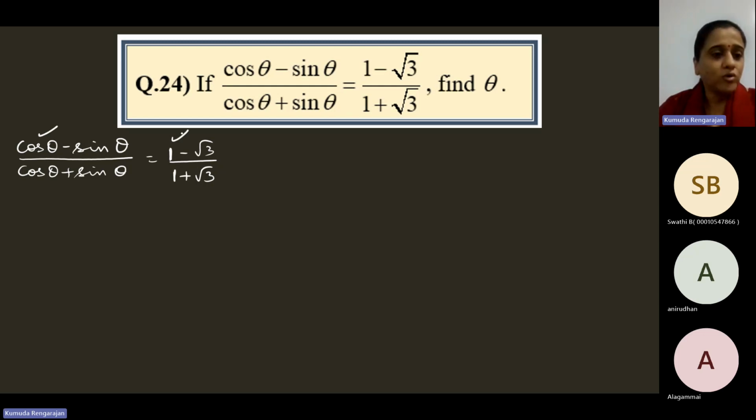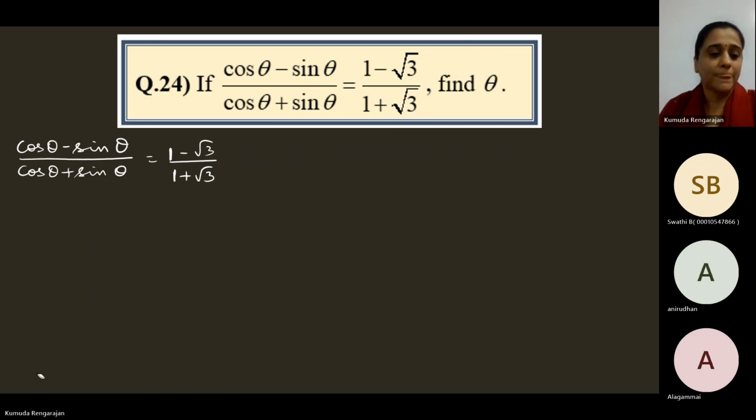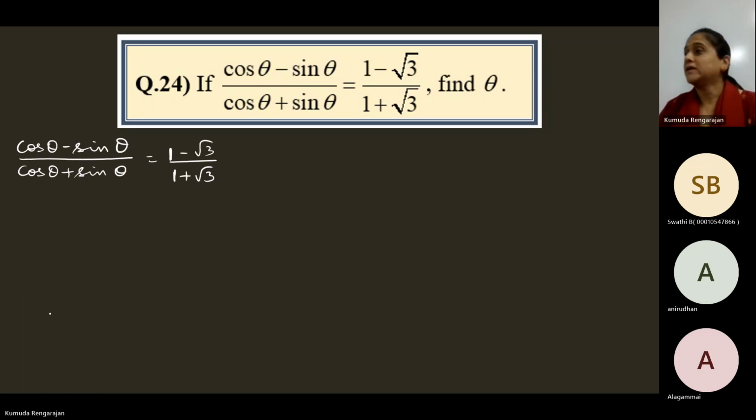But here we have 1. How can cos theta become 1? No, not like that. If you divide the numerator and denominator by what, will this become 1?